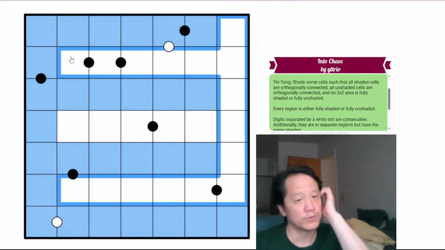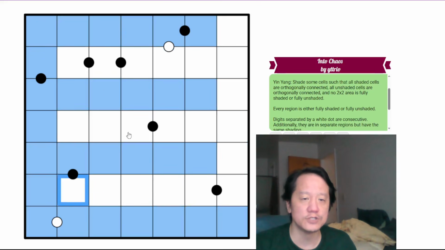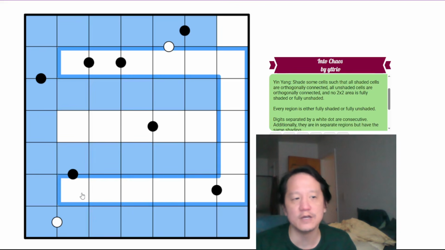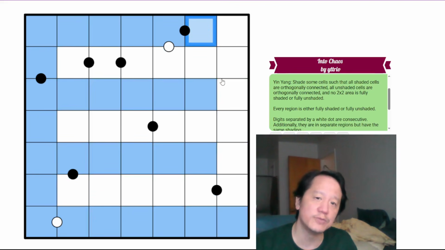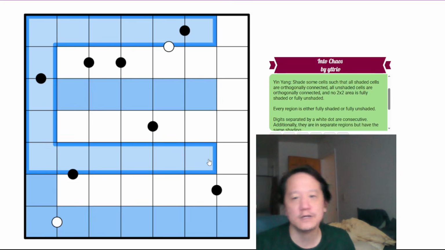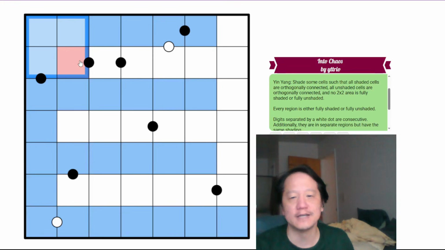So for example, this must be able to connect orthogonally to this digit here, and it can by just going through edges while staying within the unshaded region. Same with this. To get from here to here, you can just go through these edges while staying within the shaded cells. An example of an invalid shading would be something like this, because for yin yang, this 2x2 area is all fully shaded, and that's not allowed.